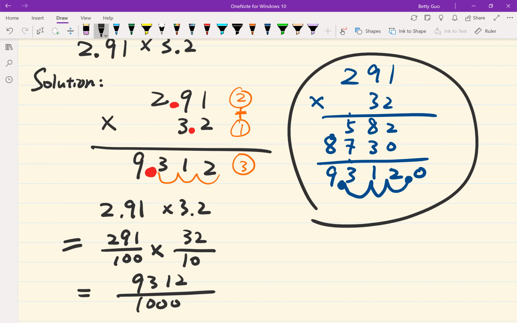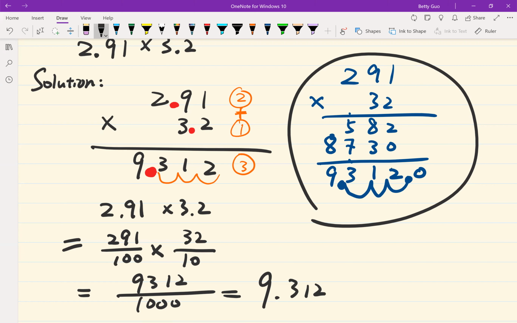1,000, right? Remember we saw earlier, dividing a number by 1,000 is equivalent to moving the decimal point to the left 3 times. So 9,312 would become 9.312.